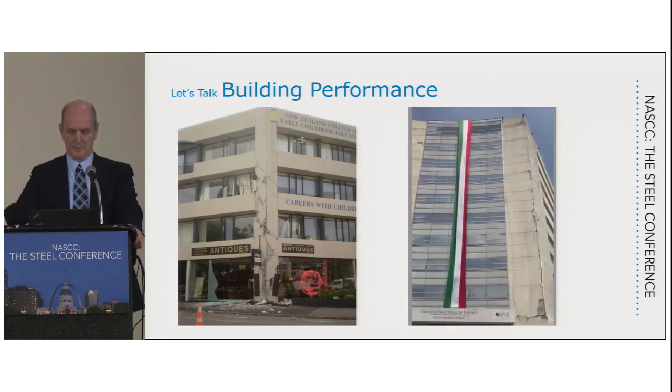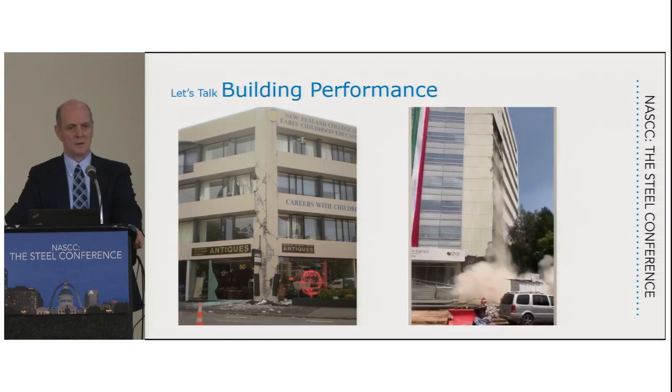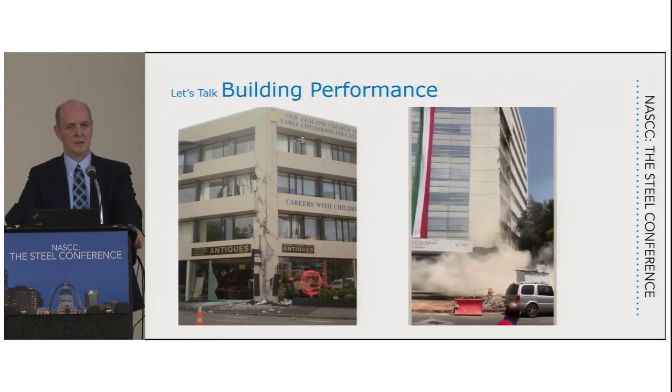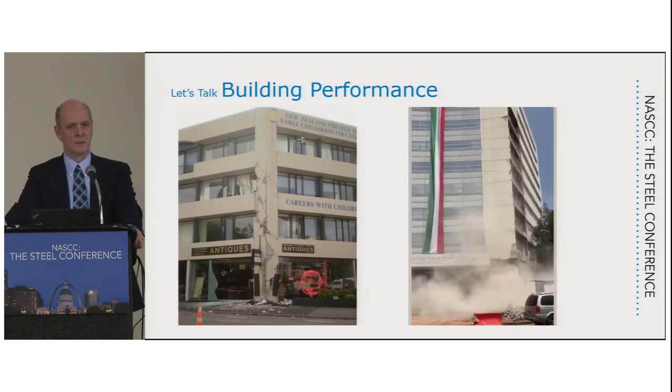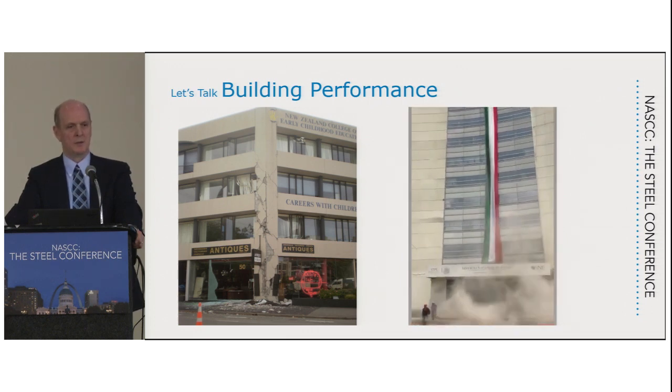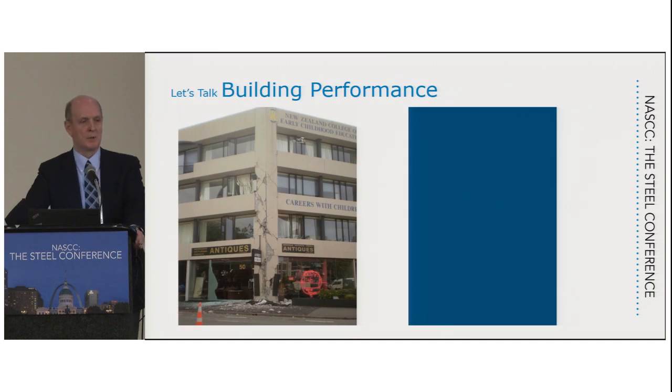Now this other image here shows you also what the code allows to happen if a building sees the MCER shaking level. It does not require us to check for cladding failure if a building sees that level of shaking. Now there are some guidelines and there is a movement towards saying this is a big deal.